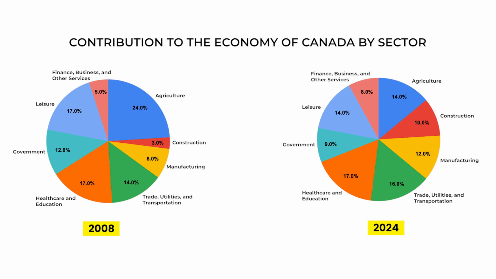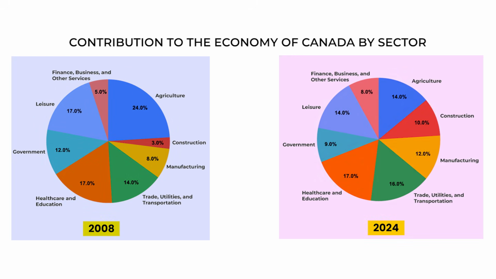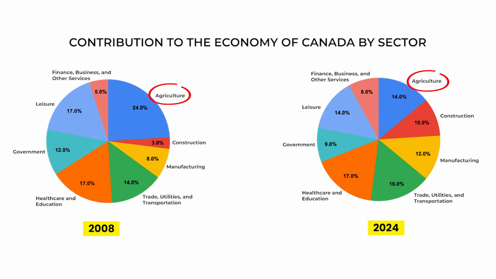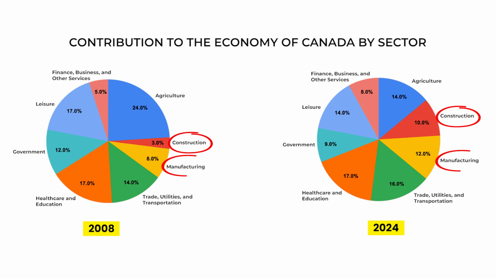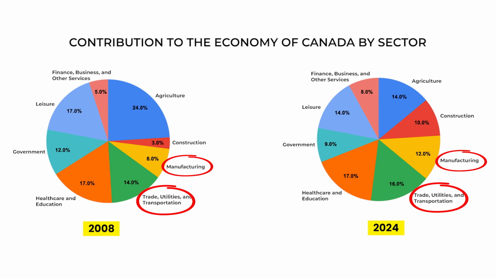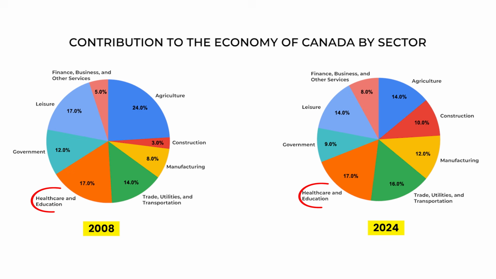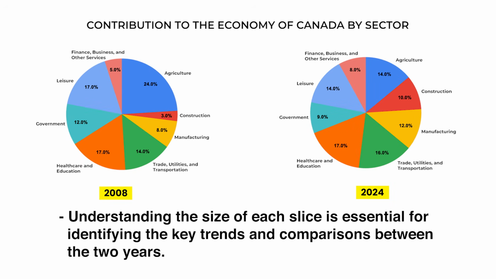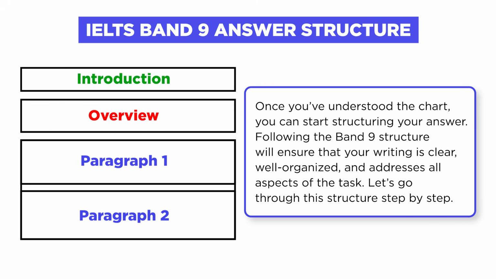The charts for 2008 and 2024 feature various sectors such as agriculture, construction, manufacturing, trade, utilities, transportation, healthcare, education, and other services. Understanding the size of each slice is essential for identifying the key trends and comparisons between the 2 years. Once you've understood the chart, you can start structuring your answer.